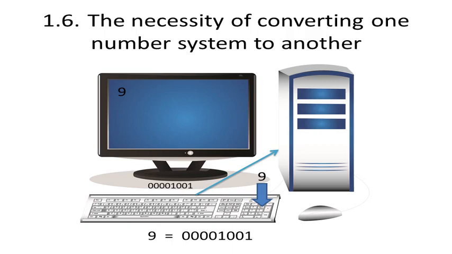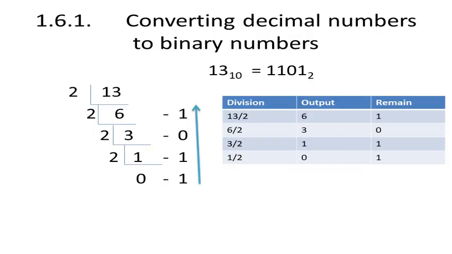The monitor understands it and shows us number 9, but actually the signal doesn't come as number 9. It comes in binary format. That is why we need to learn the binary number system besides the decimal number system.